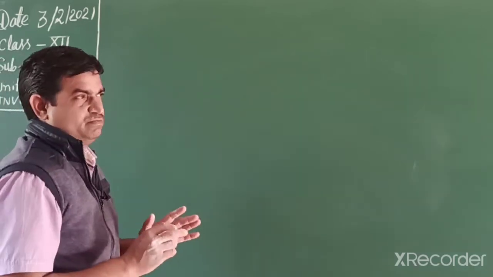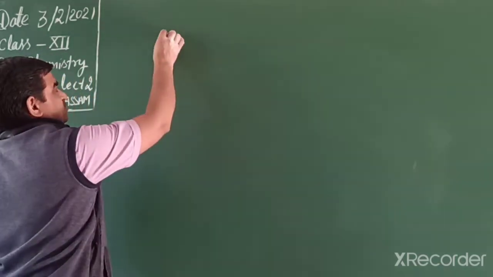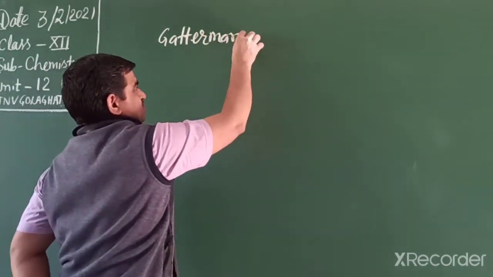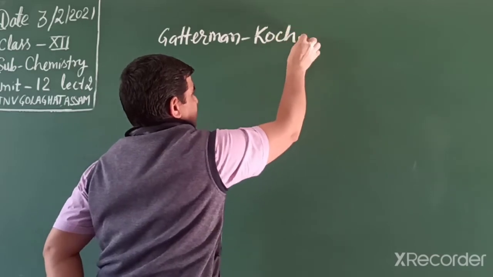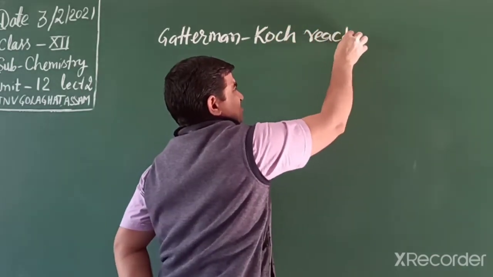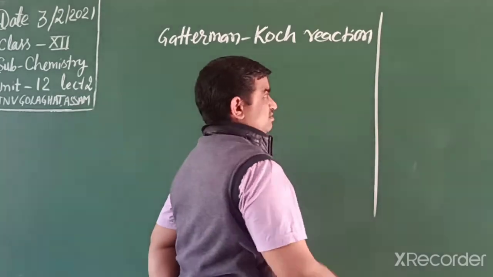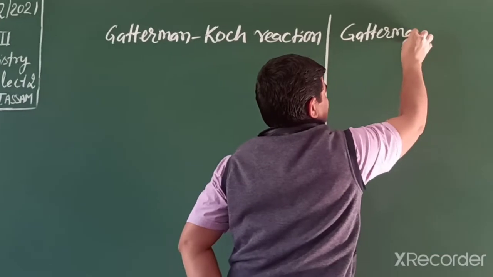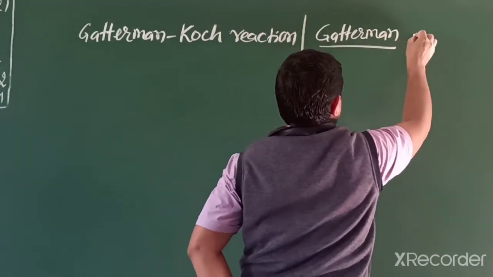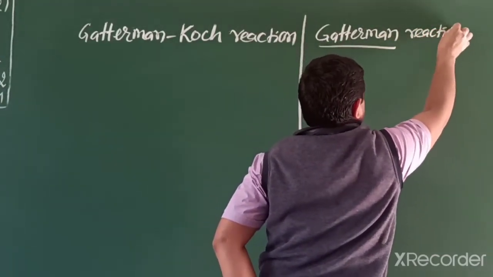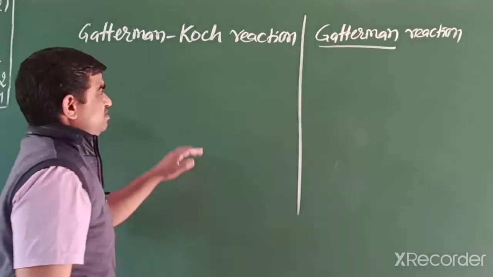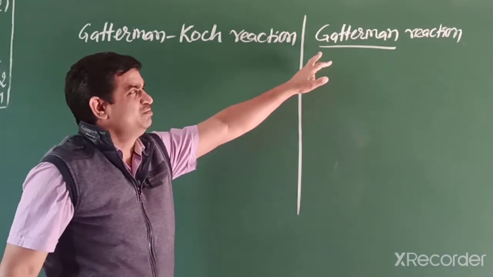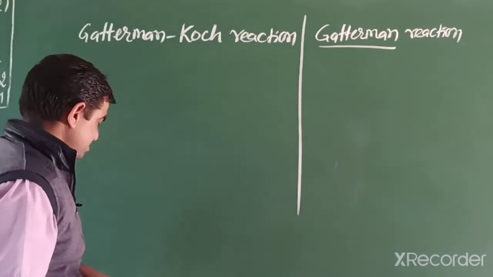Now we compare Gattermann-Koch reaction and Gattermann reaction. In Gattermann-Koch reaction, we prepare benzaldehyde, and in the Gattermann reaction, we prepare halobenzene.